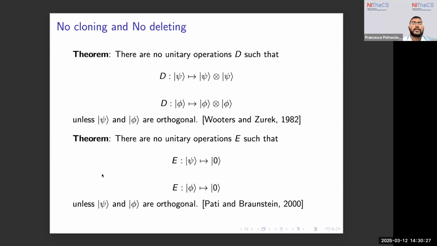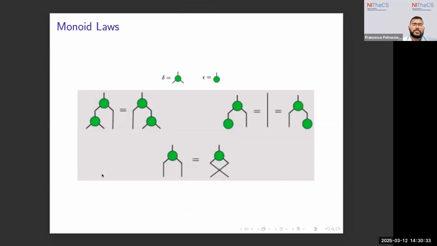And how would we capture that? Using the language of category theory and string diagrams, we would need these things called monoids in our monoidal category. So for deleting, we want to take an element, say call it phi, and we want phi tensor phi and an operation going back to phi.